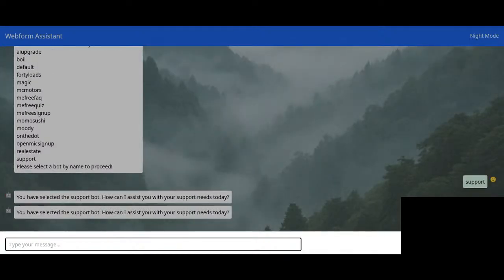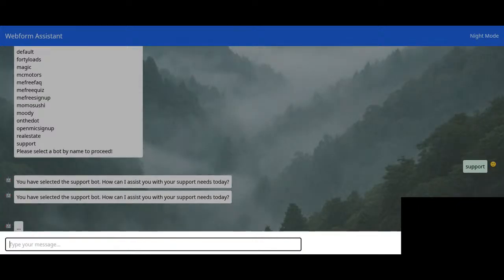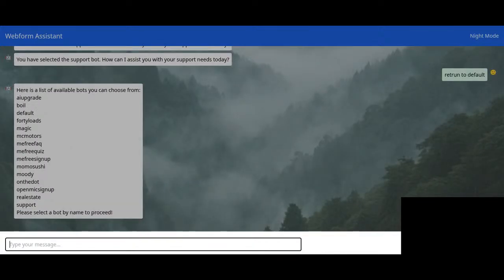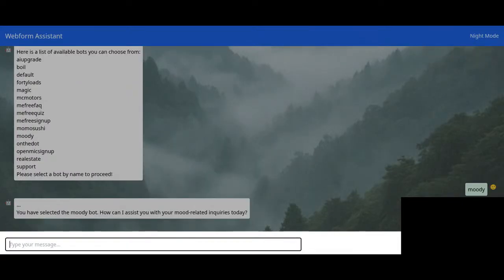And now I've switched to the support chatbot. And now I can say return to index. I think I could say return to default. And now I'm back to the index. And now, not Boyle, but Moody, Miss Moody's.